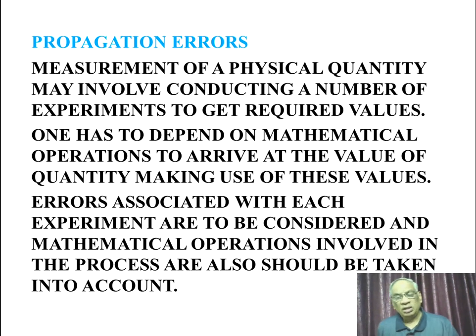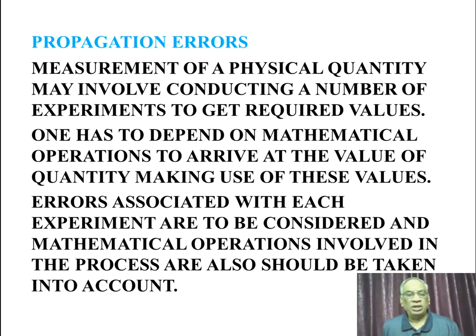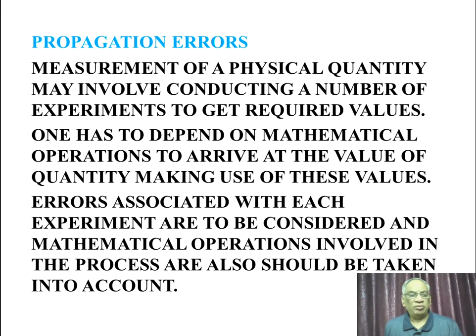Propagation errors: when I want to measure a physical quantity, it involves a number of experiments in which various other physical quantities are to be measured, and those values are to be put in a mathematical equation to get the actual value of the physical quantity you want to measure.